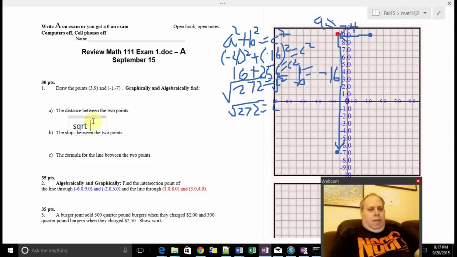SQRT of 4 equals 2. Oh, we can do square root. Square root of y2. That's -7 minus y1, 9.